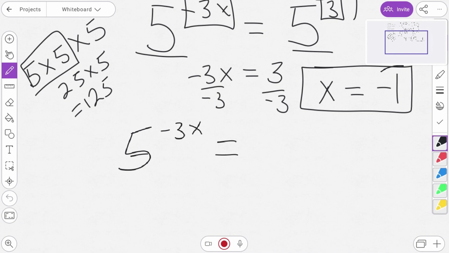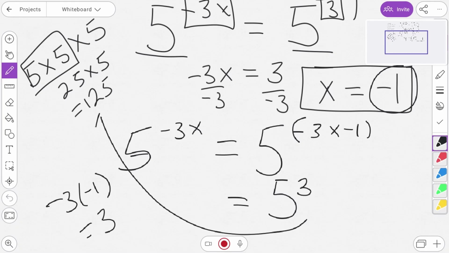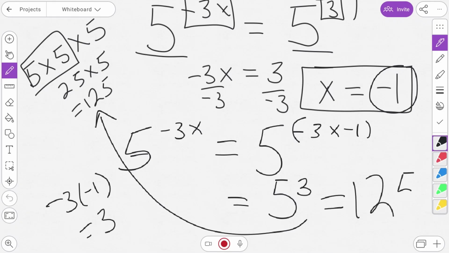We replace x with negative 1, and from what we've learned in basic math, negative 3 times negative 1 should be positive 3, which sums up to 125 as given in the question. So we've dealt with all the questions respectfully.